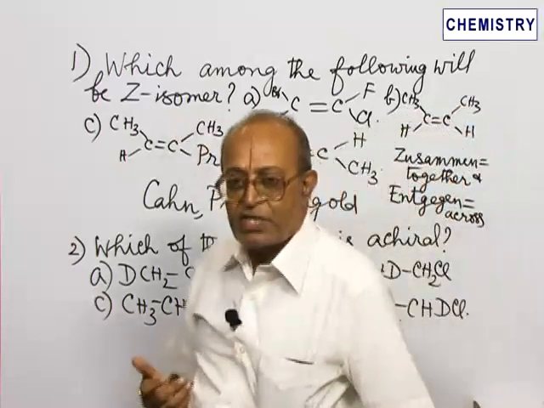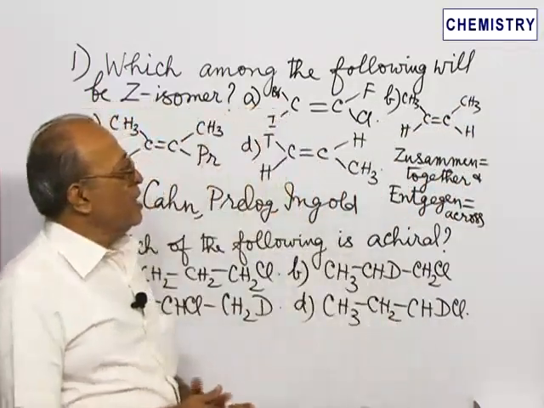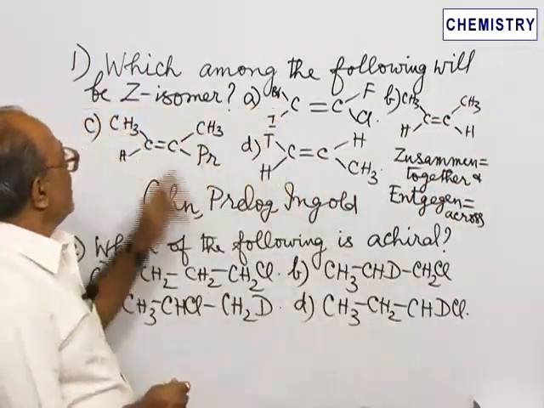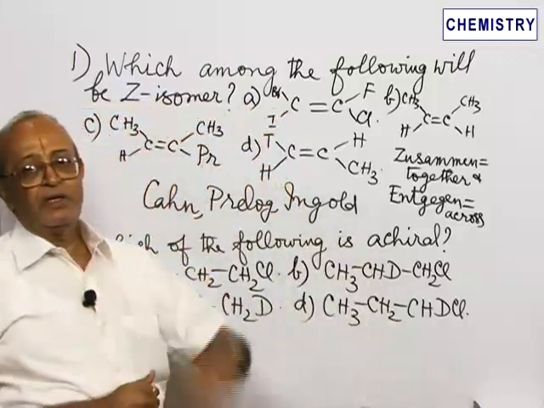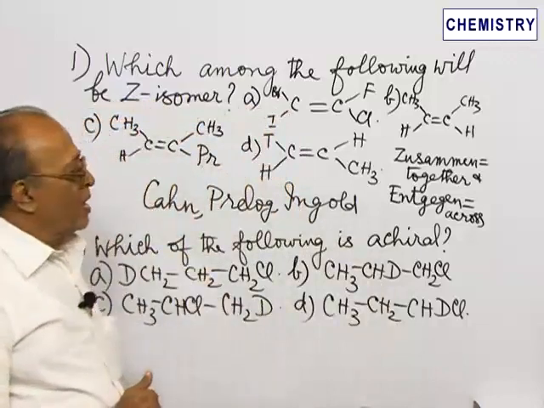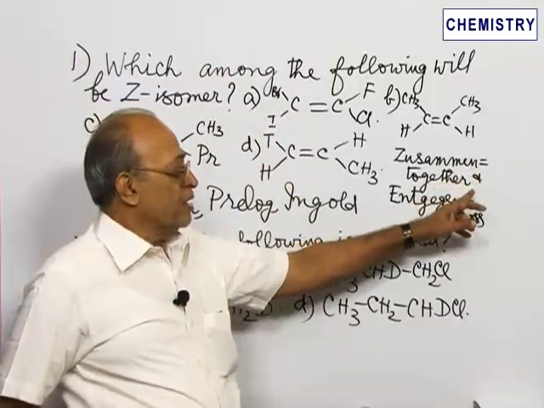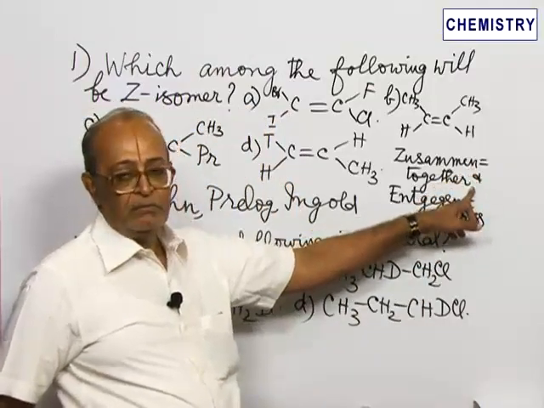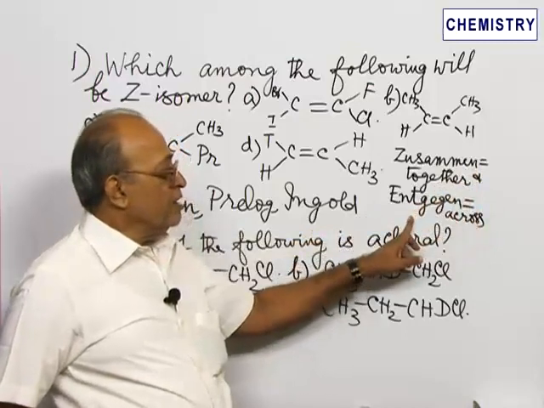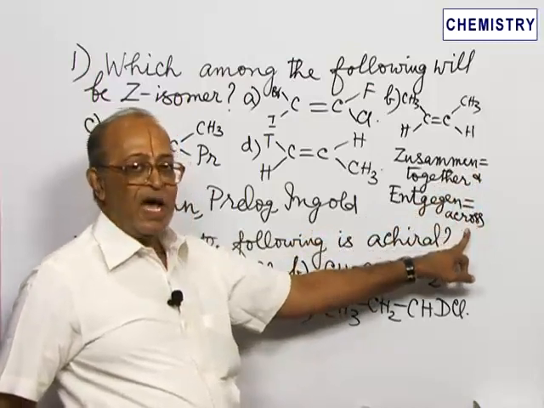Instead of cis-trans notation, they have used EZ notation. Z, zusammen, means together. E, entgegen, means across.